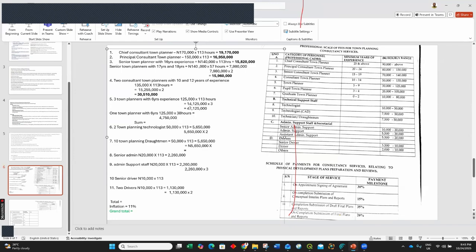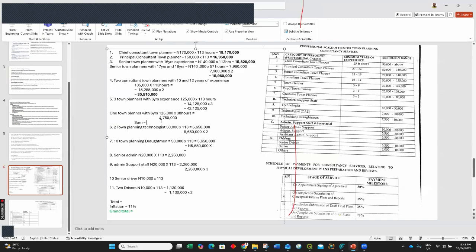Three will participate for the full time, then one will participate for 38 hours. After calculating the amount for the three and the amount for the other one separately, you will add the two together so that you will have the total amount that is to be paid for the four town planners. So what is the summation of this 42M and 4.7?